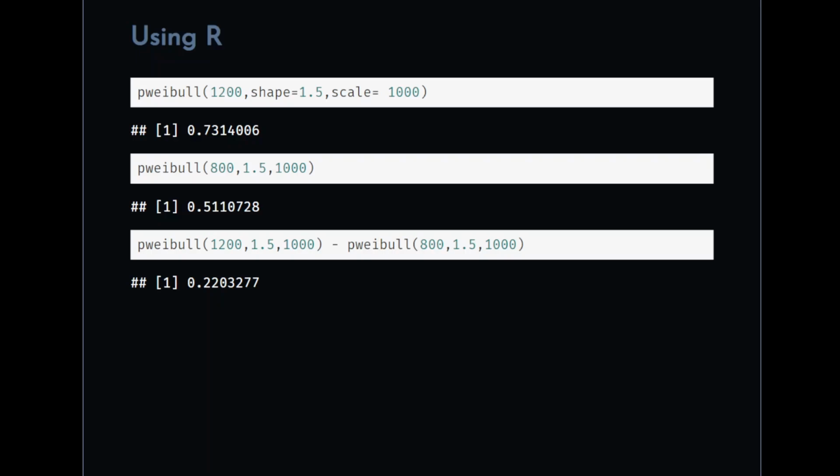I do something similar for the cumulative distribution function of 800. I'm not going to be so specific about specifying shape and scale, because if you put them in the right sequence, it just assumes it. The difference of the two is our answer, 22.03%. Okay, we'll leave it there.